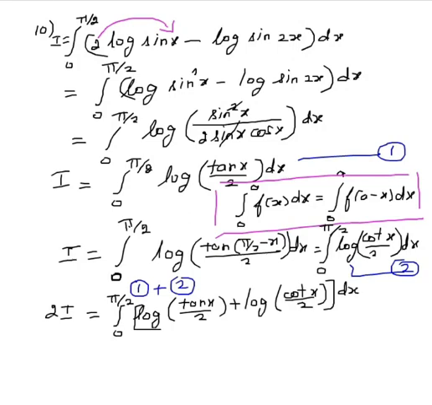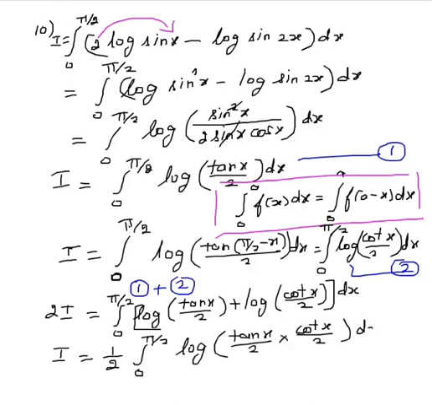Now log a plus log b can be written as log of a into b. Take this 2 to the other side. Integral 0 to pi by 2 of log of tan x divided by 2 into cot x divided by 2 using the logarithmic rule. Tan and cot will get cancelled because cot x is 1 by tan x. And we have log of 1 by 4, which is a constant, and it can be taken outside the integral.